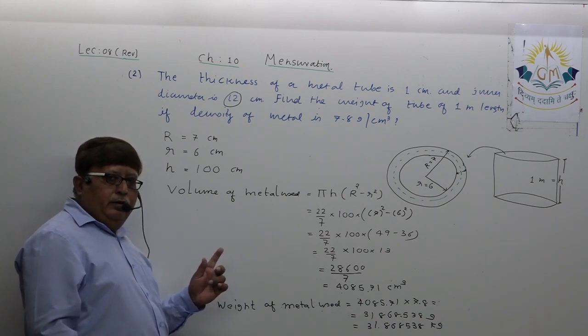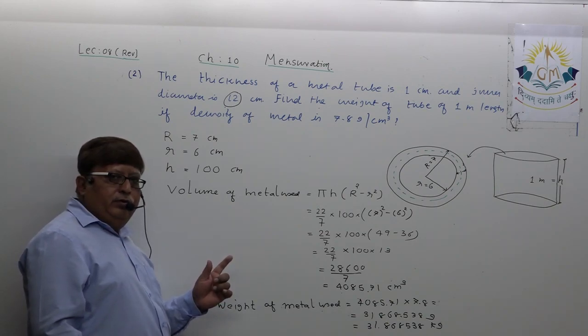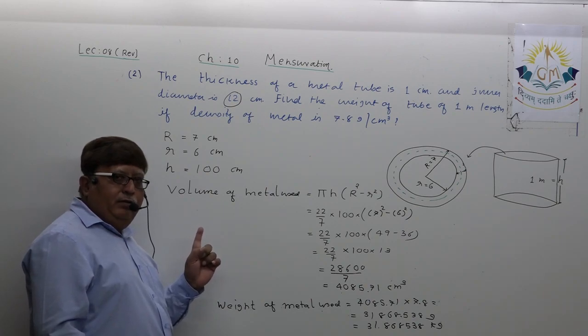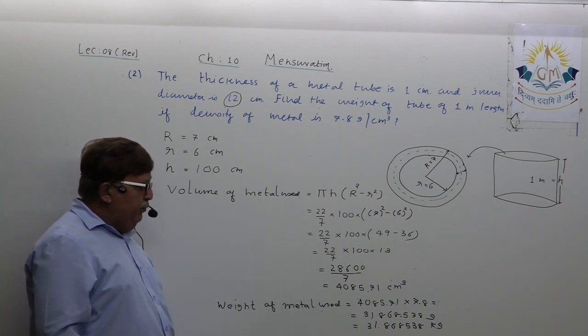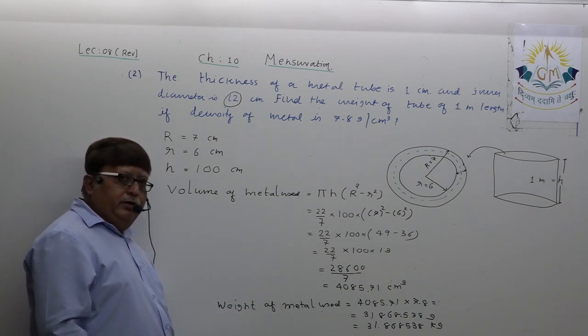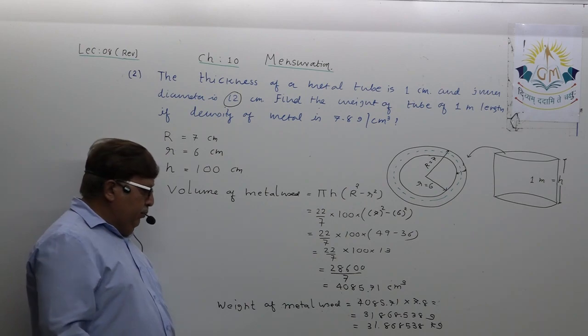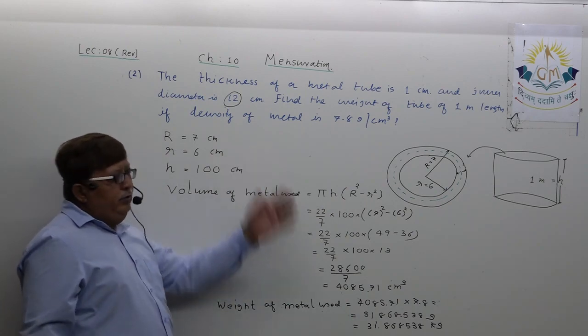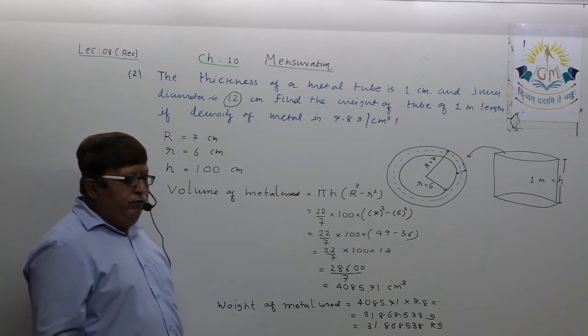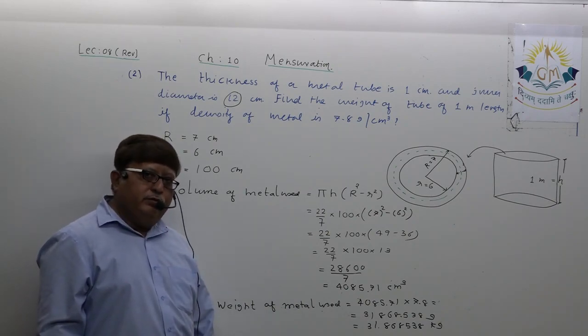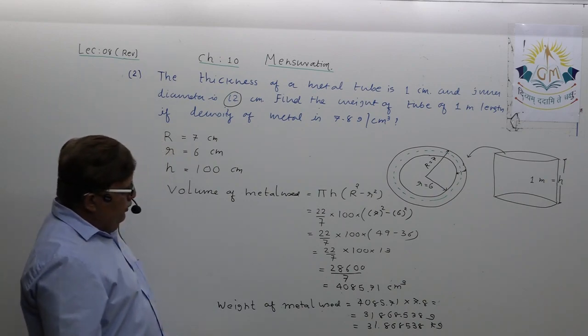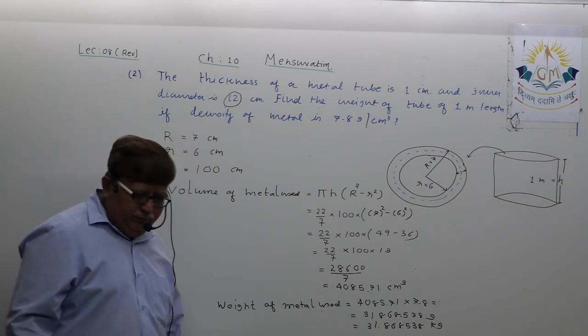Here, internal radius and outer radius are expressed in centimeters, so we also express length of the tube, indirectly height, in centimeter, and then we found volume of the metal used and then weight of the metal used as per the given density factor, 7.8 gram per cubic centimeter. Okay, just have a look at the sum.